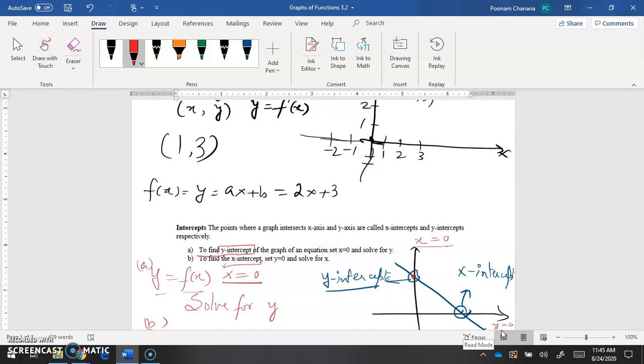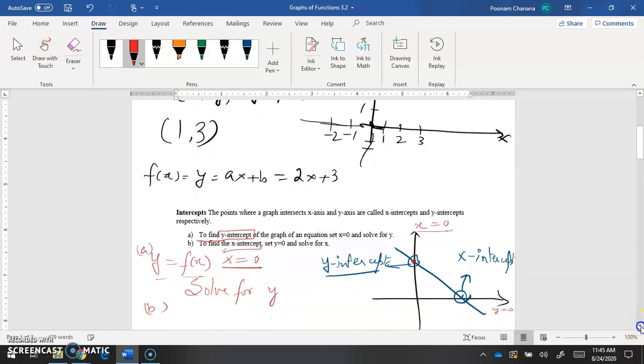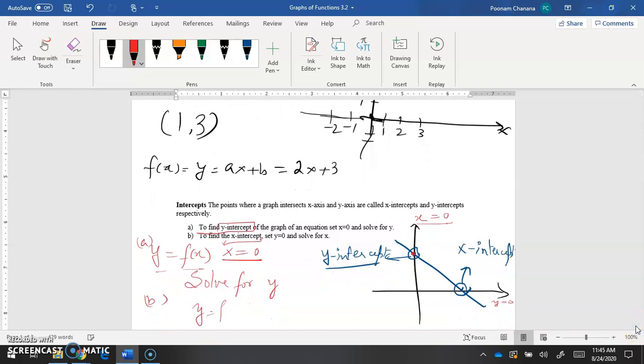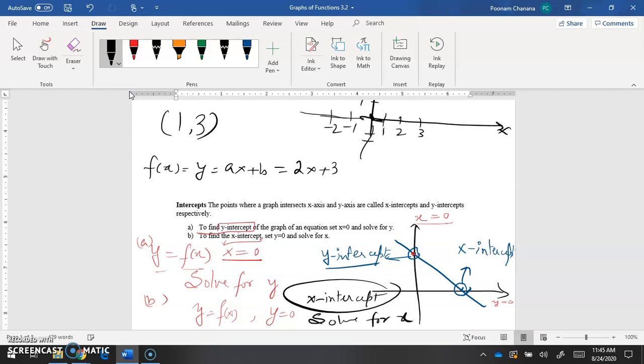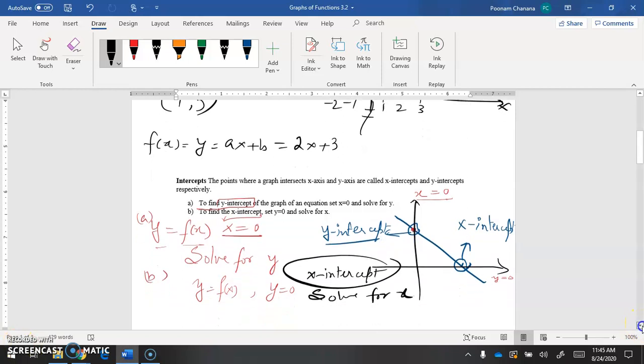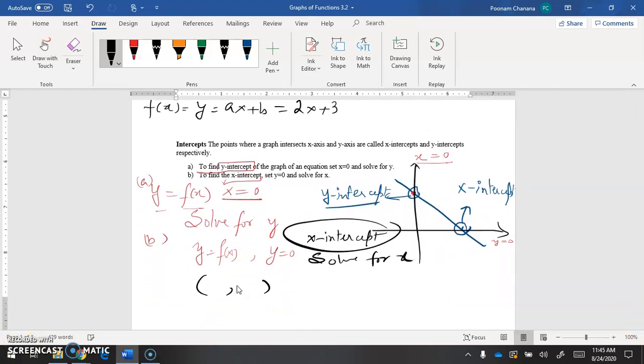So for finding the x-intercept, in the given equation, whatever the given equation is, you have to plug y equal to 0 and solve for x. If you solve for x, you will get a point with the x value, and y coordinate we know is 0, that will be your x-intercept.